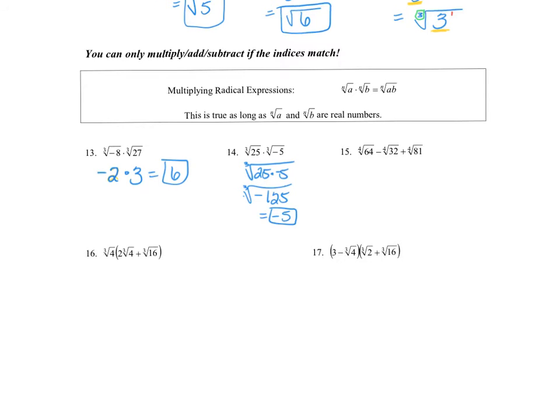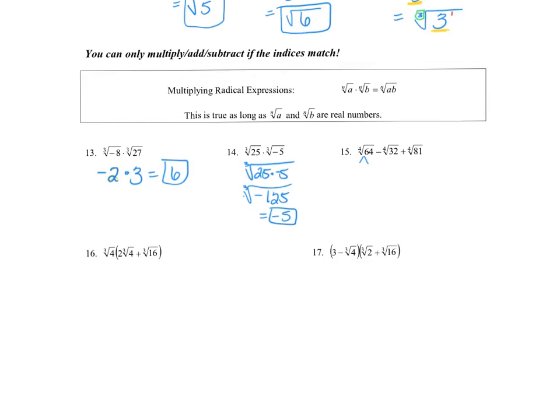Number 15, again, all of my indices are the same. Now here we have subtraction and addition, okay? A little bit different than multiplication, and that's because we have to simplify each term first and then combine anything that's alike. So let's try breaking each of these terms up. Remember, break it up into its perfect and its not.